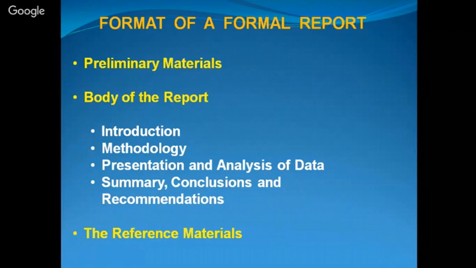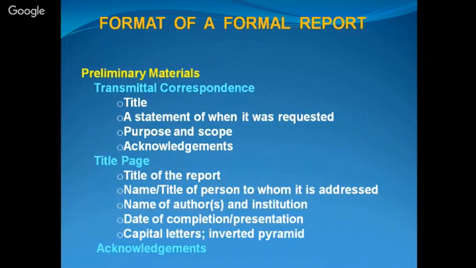Body of the report, 4 major chapters: the introduction, the methodology, presentation and analysis of data, summary, conclusions, and recommendations. And then the third section is the reference material. So these are the three basic steps. Now let us take these one by one. First is the preliminary material.